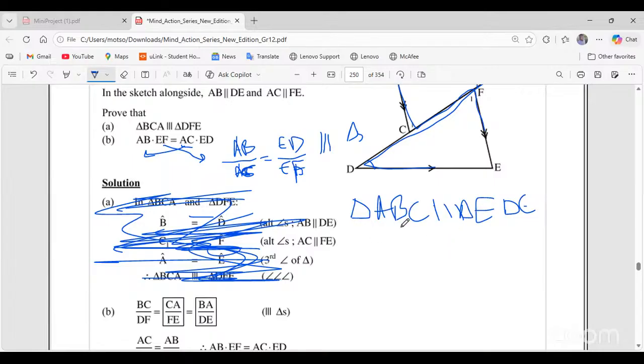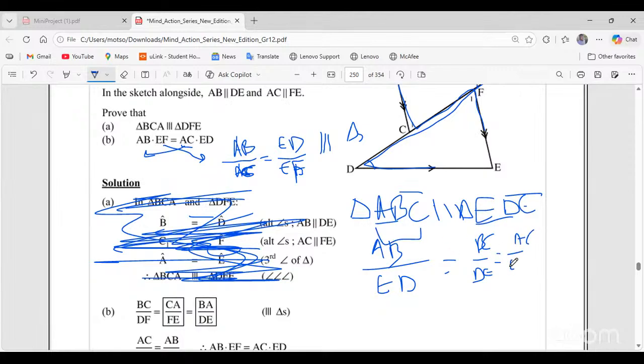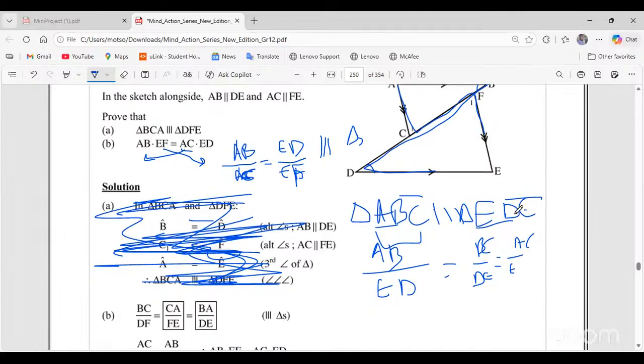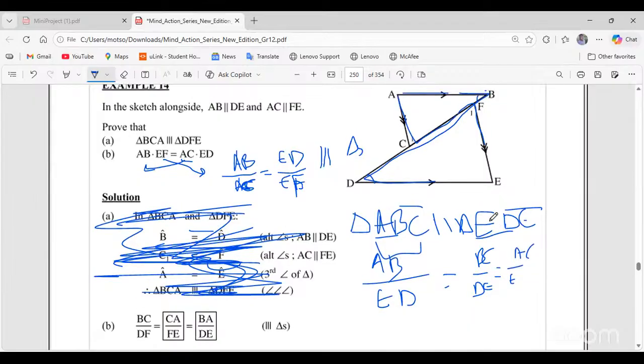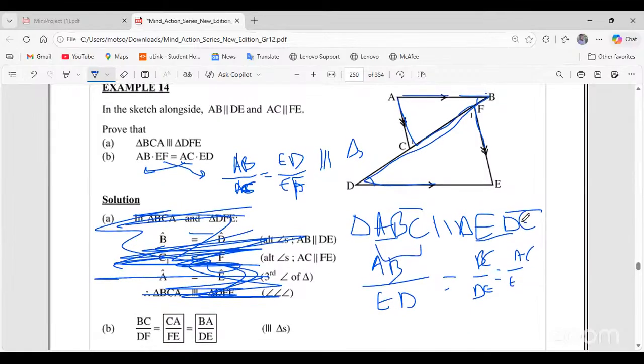Then from this triangle, you take this over this, which is AB over ED is equal to this over this. BC over DE is equal to, you take this, AC over what is this? My bad, my handwriting is bad. This was EDF here, then F here.